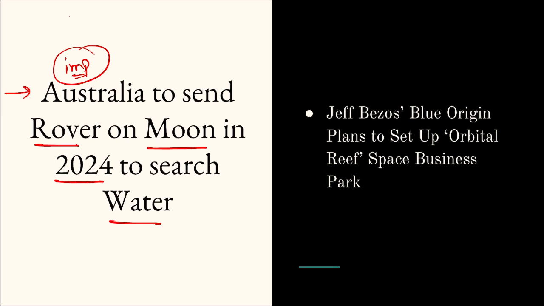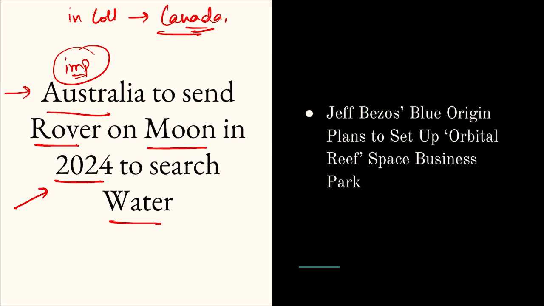Remember, Australia is working in collaboration with Canada and with the University of Technology Sydney. So Australia and Canada, along with the University of Technology Sydney, will be going on a moon hunt to search for water, and they will be going there by 2024. This will be the first rover with Australian made components to make it to the moon.